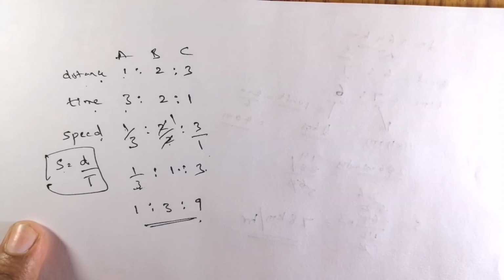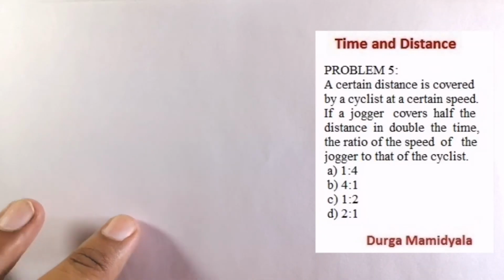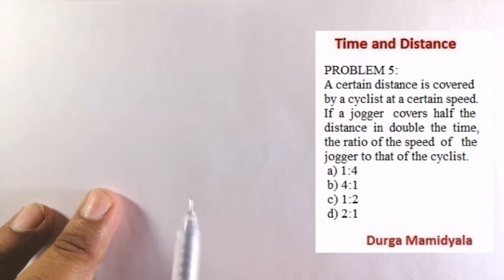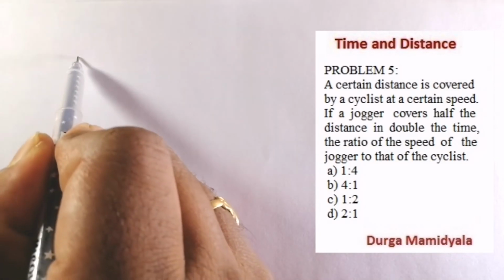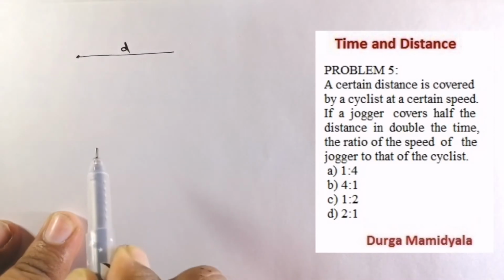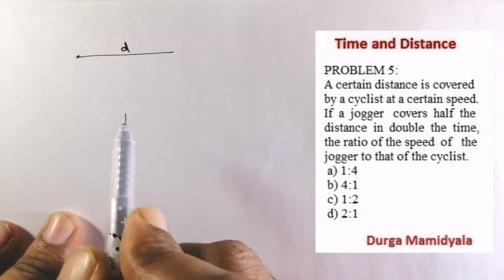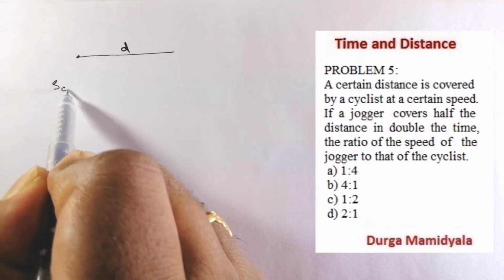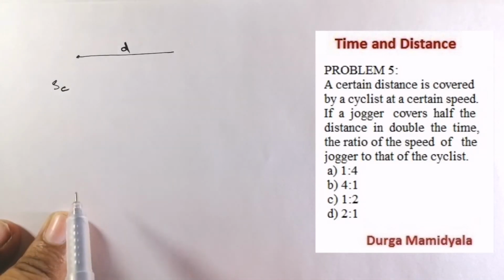Our next problem is, a certain distance is covered by a cyclist at a certain speed, right? If a jogger covers half the distance in double the time. So here, there is a certain distance. Let us suppose the distance as d, right? Let us take that we have a cyclist, I am going to represent by SC.